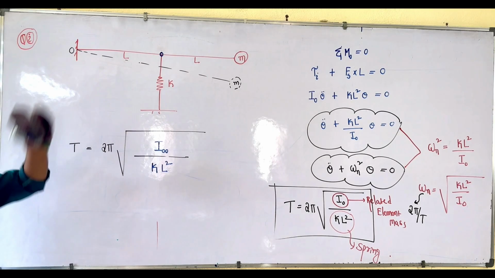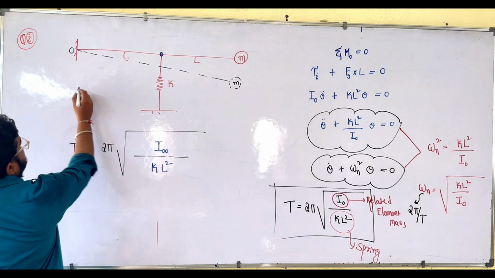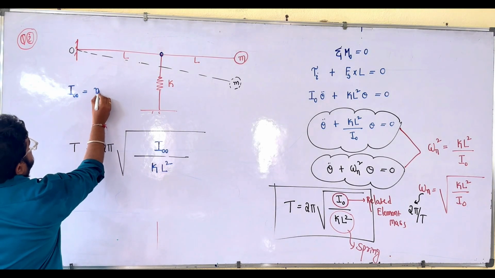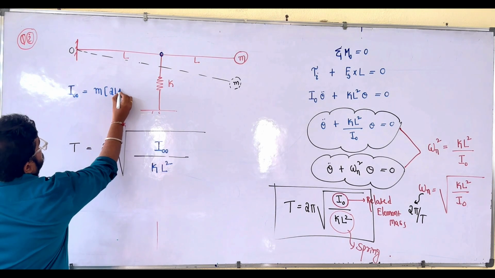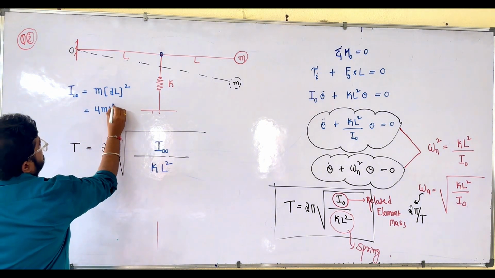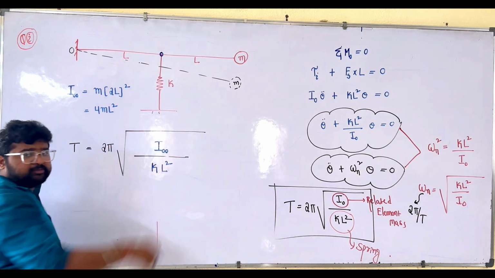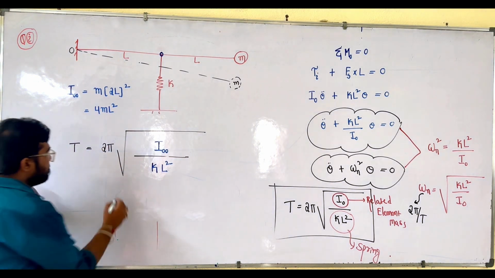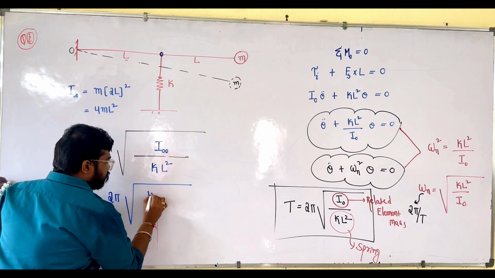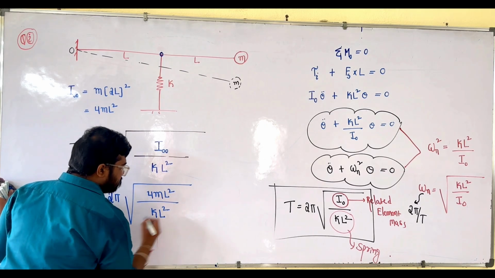If we put 15 springs, just keep writing them all. Clear? So now what is I O? It is a point mass, so M into 2L whole square, that equals 4 m L square. Correct or not? For a point mass it comes directly. Now tell me, 2 pi square root of 4 m L square by K L square.